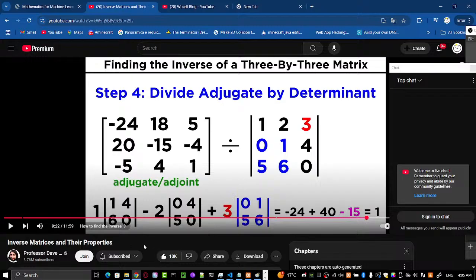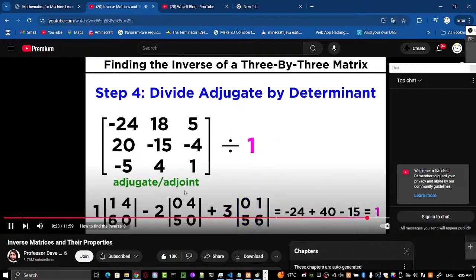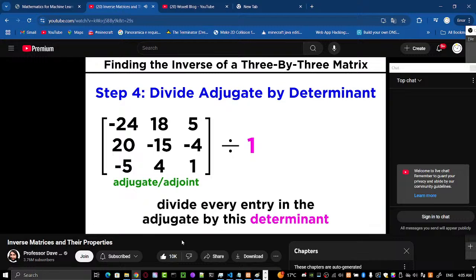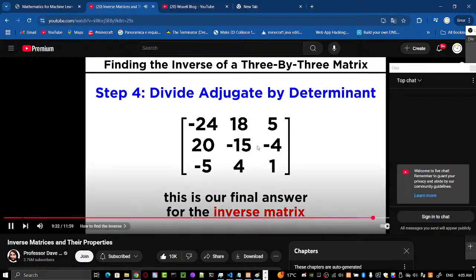Whatever we get, we divide the last matrix we had by this value, meaning we divide every entry in the matrix by that value. And that's what we are left with for the inverse of the original 3x3 matrix.